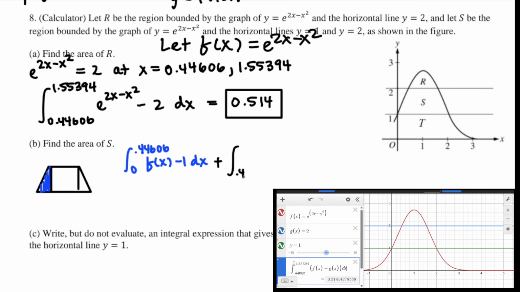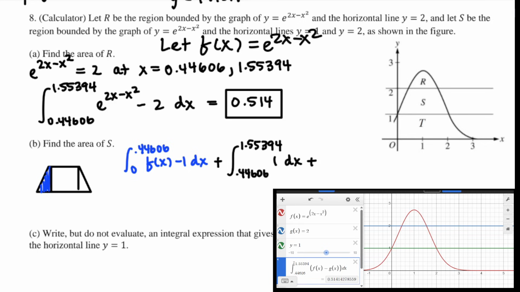So from 0.44606 up to, what was I thinking? Okay, the next intersection, which was 1.55394, of 2 minus 1, which is 1, dx.